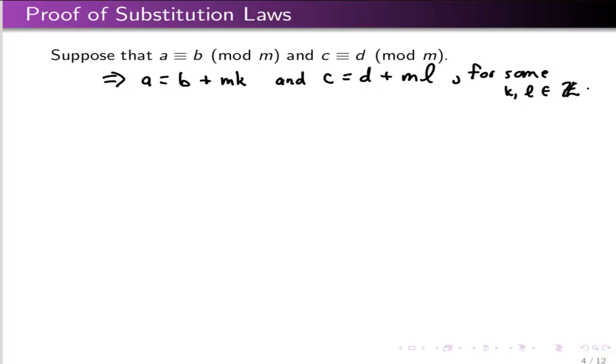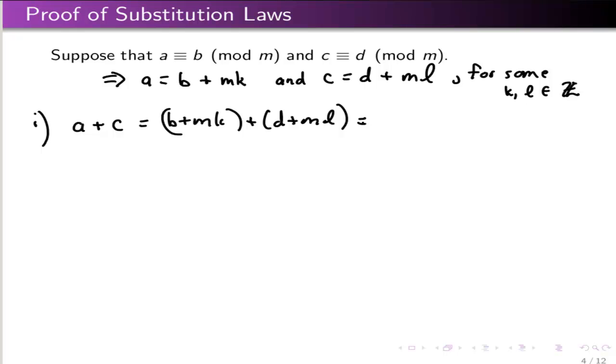And so if I want to look at property 1, a plus c is then equal to b plus mk plus d plus ml, and then using associative and commutative laws and the distributive law, we would get b plus d plus a multiple of m.